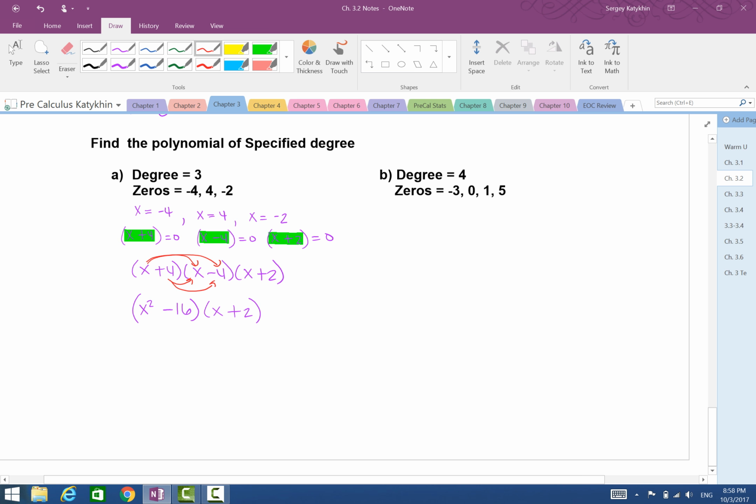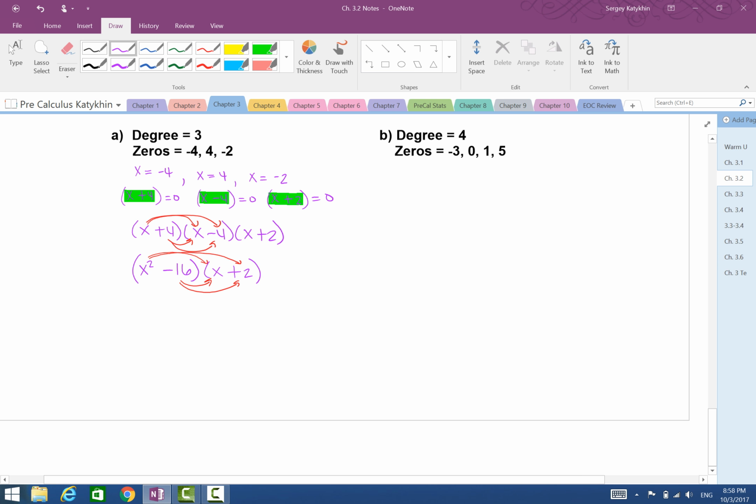So going through the same steps, I'm going to multiply that, and then I'm going to distribute that. Again, using the distributive property, I can figure out what that is. X squared times x gives me x to the third, which is a good thing. I do need a degree 3. Then x squared times 2 will give me positive 2x squared. Then -16 times x will give me -16x.